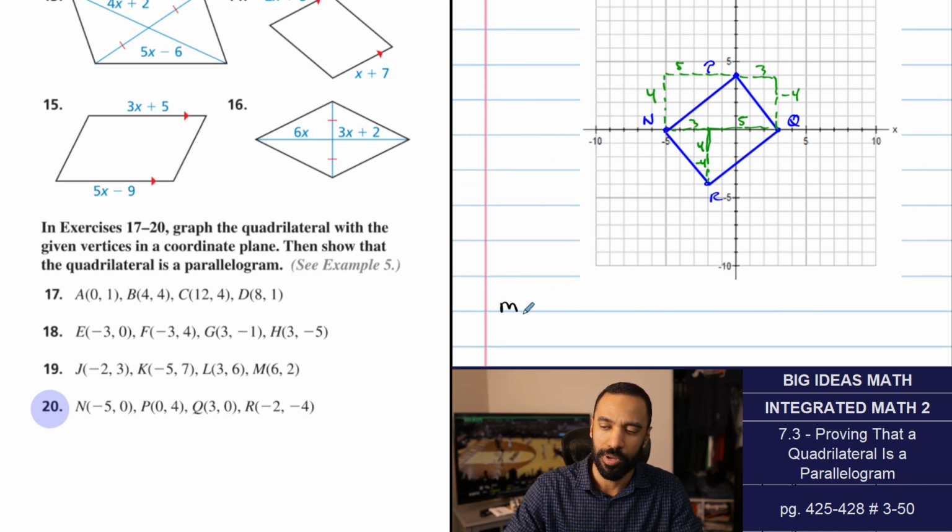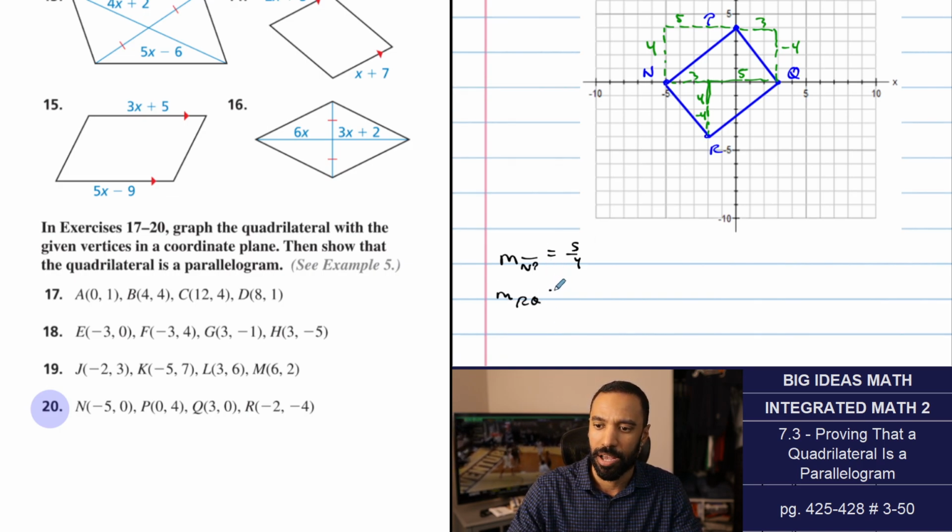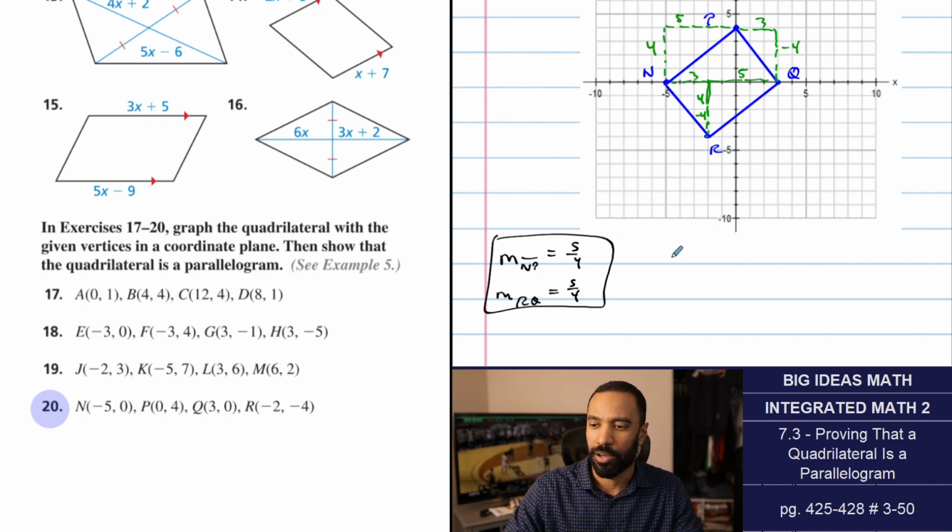So the slope of segment NP is 5/4, and so is the slope of segment RQ. Positive 5/4. Meanwhile, the slope of segment PQ is negative 4/3, and so is the slope of NR. Slope of segment NR is negative 4/3.